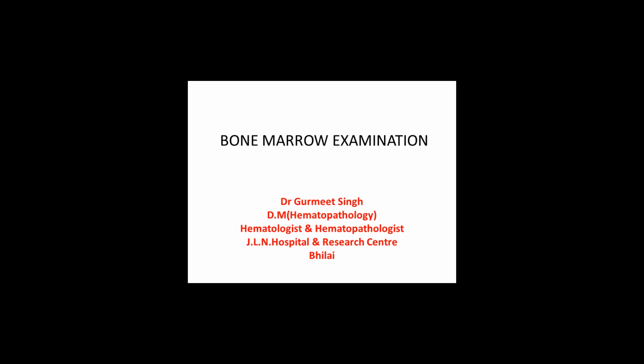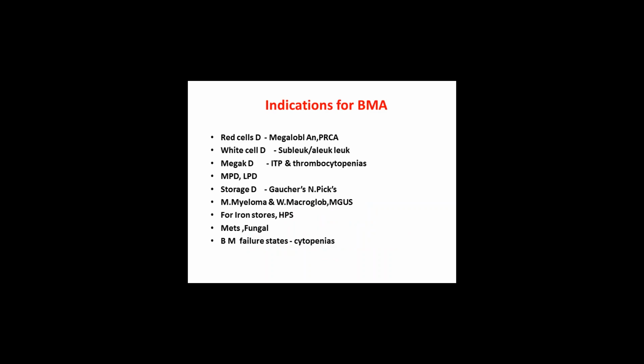We'll basically talk about the aspiration only today, because covering the bone marrow biopsy is a bit lengthy and it will again confuse and mix things up. Most of us generally do only a bone marrow aspirate. Once we are comfortable with it, we can talk about the biopsy probably sometime next time.